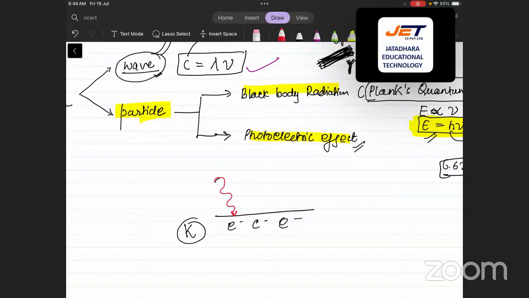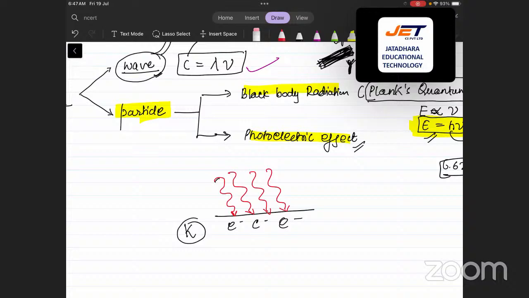Then he said, okay, I am not able to get any electrons when I am keeping the intensity less. So then he increased the intensity of light. Still there was no ejection of electrons.